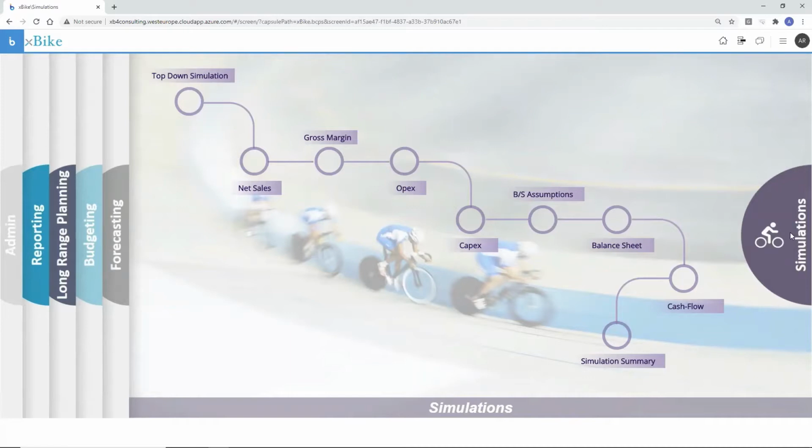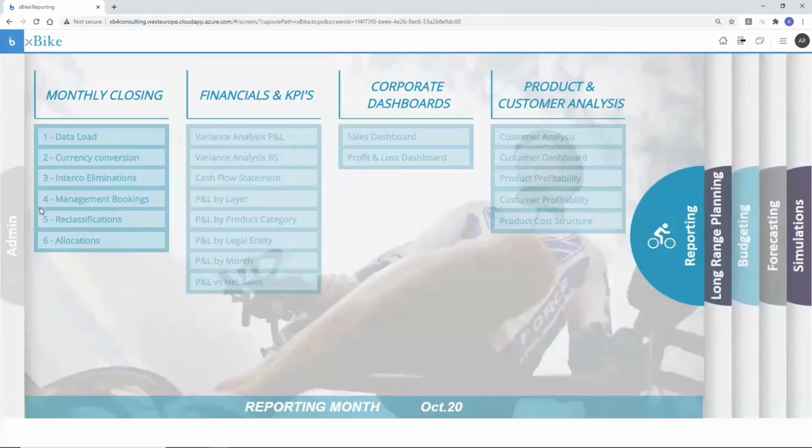But today the topic is related to customer and product profitability, which is limiting the scope to this area of the application, the management reporting part.